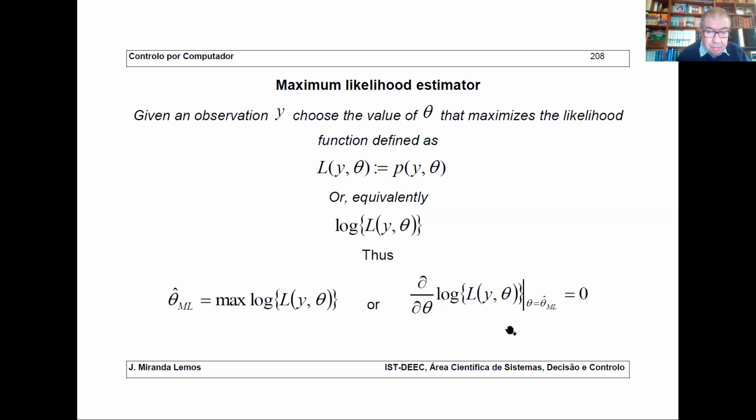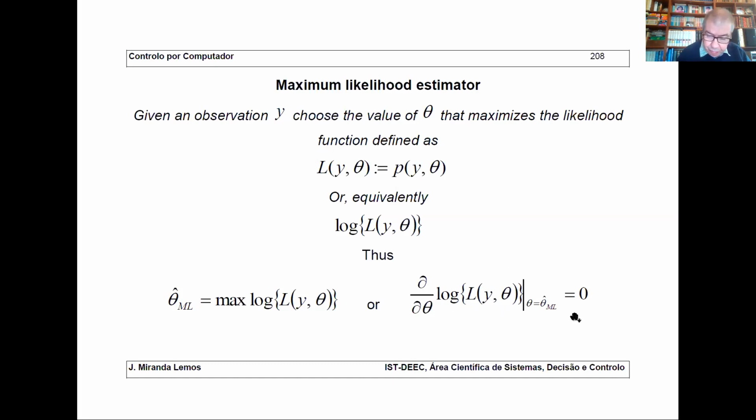So the maximum likelihood estimator, I call it theta hat of ML, is the value of theta that verifies this equation here. So the partial derivative with respect to theta, if theta is a vector, this is the gradient with respect to theta of the logarithm of the likelihood function, is equal to 0.